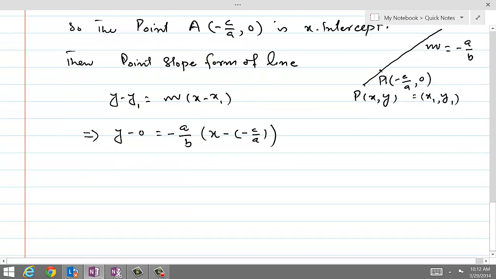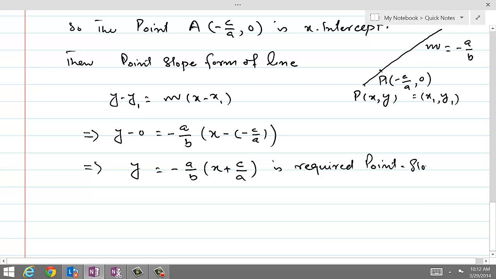So this is the point slope form of the straight line, y equal to minus a over b into x plus c over a, the required point slope form for the general equation of a straight line.